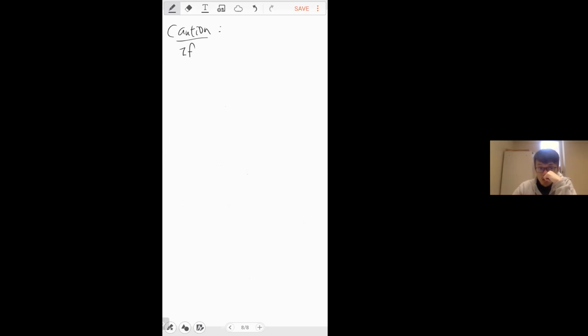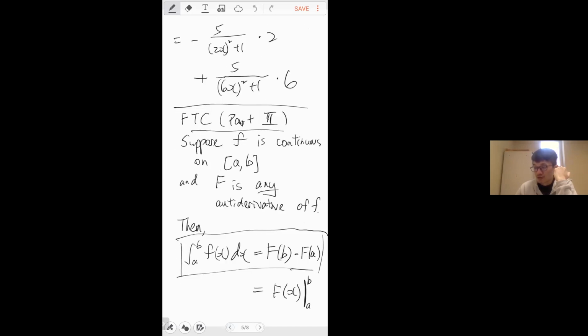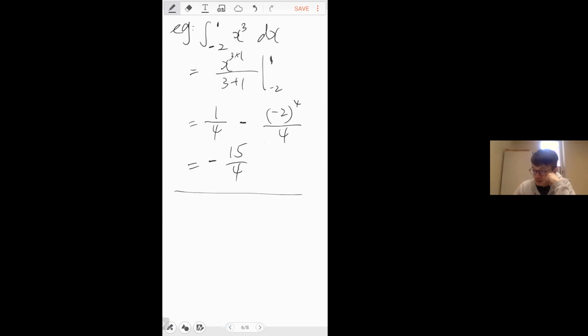Okay. Yeah, so remember part of the assumption in the fundamental theorem of calculus is the function has to be continuous, right? You need to be careful here.